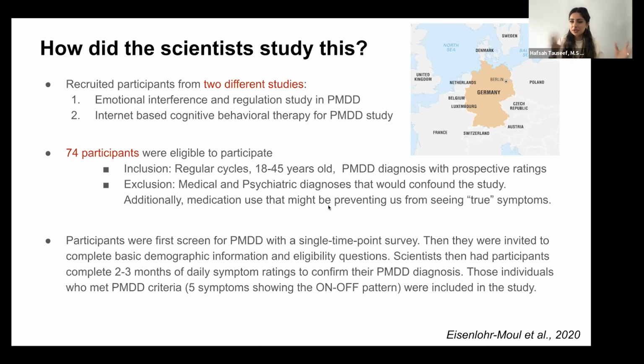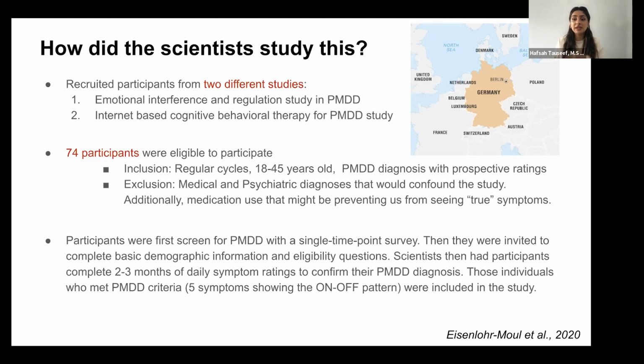So how did participants get filtered through this study? First, we screened them for PMDD using a single time point survey. Then they were invited to come in and we had them fill out basic demographic information and made sure they met our inclusion and exclusion criteria. Then we had them rate their symptoms for about 2 to 3 months to make sure that they met criteria for PMDD.